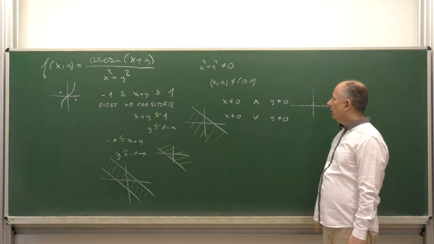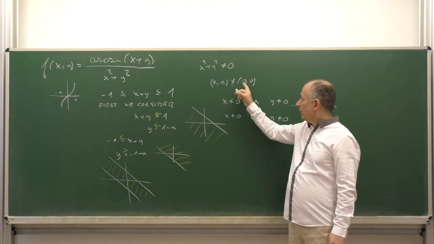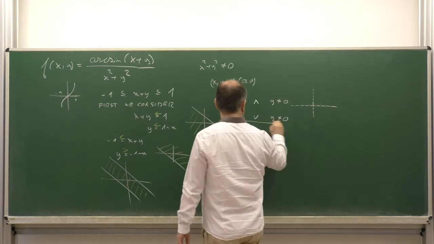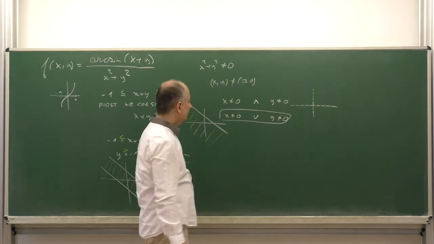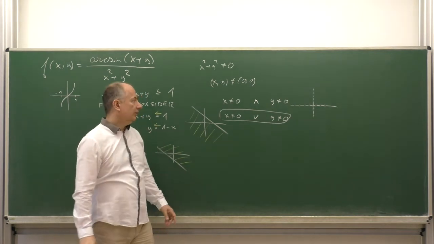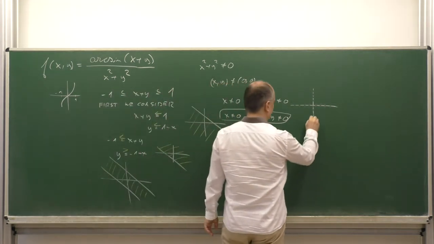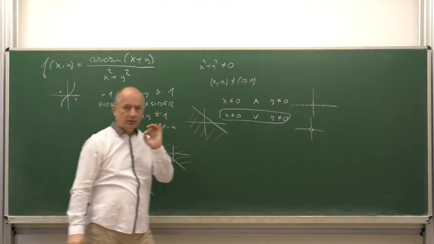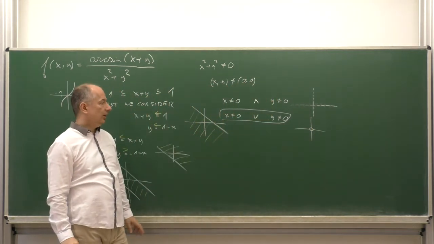But this is too much. We want to delete just the origin itself. So the correct result is that x is different from 0 or y is different from 0. So we delete the origin only, nothing more.